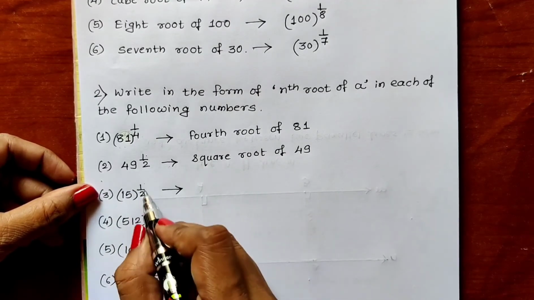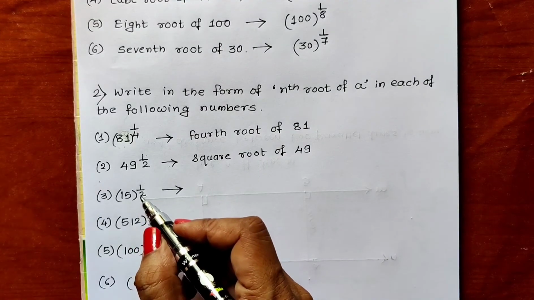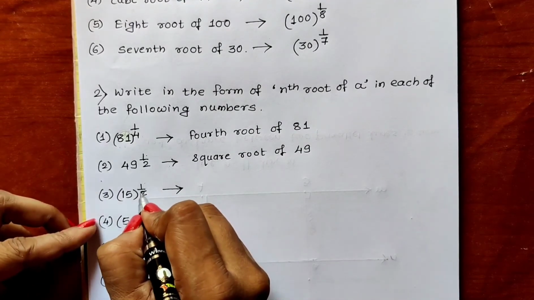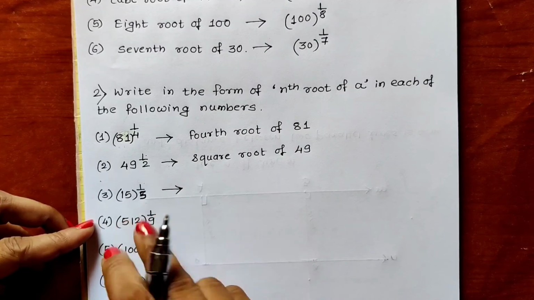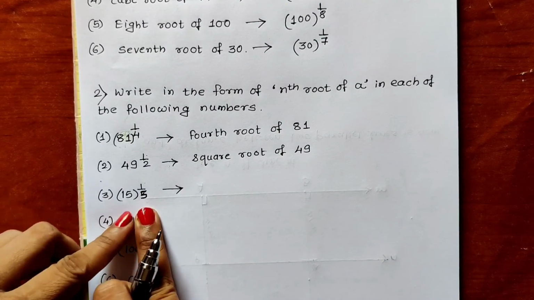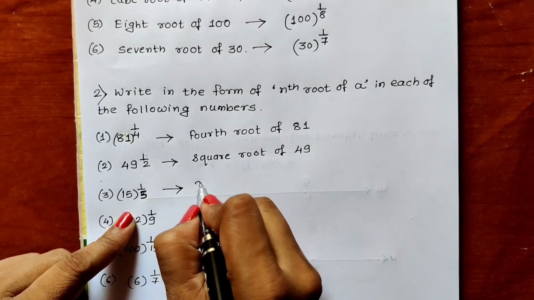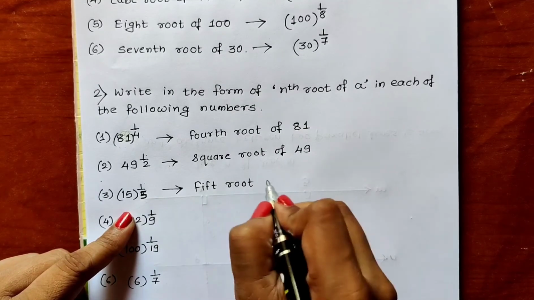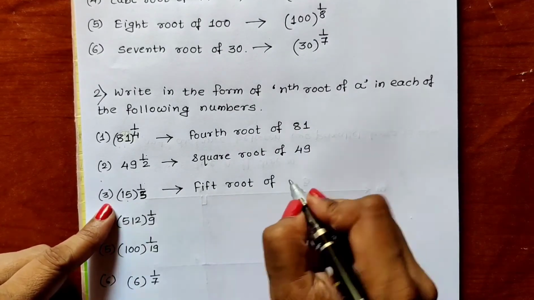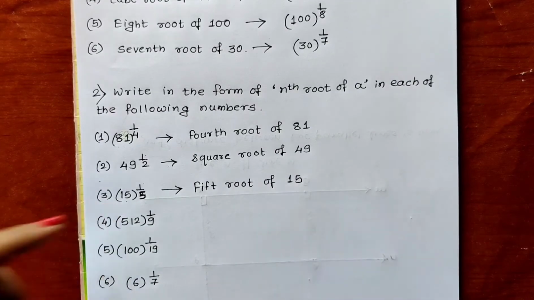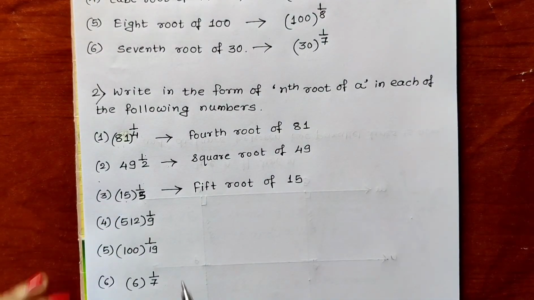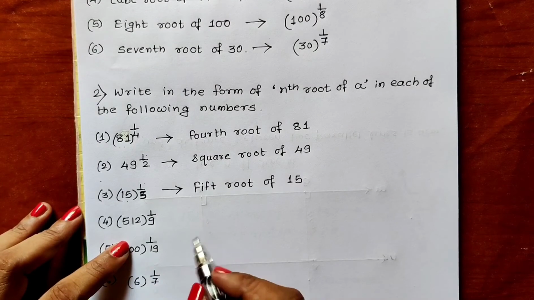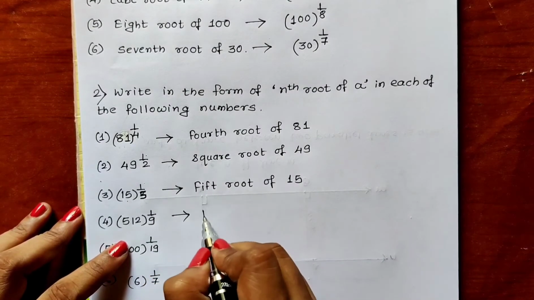Now sorry, it is not 1 upon 2, it is 1 upon 5. 1 upon 5 means fifth root of, what is base? Base is 15. Fifth root of 15. Now here the index is 1 upon 9. 1 upon 9 means what? Ninth root.